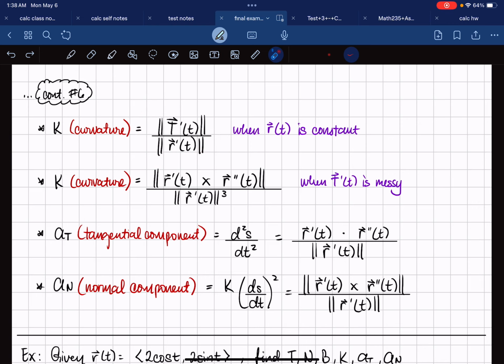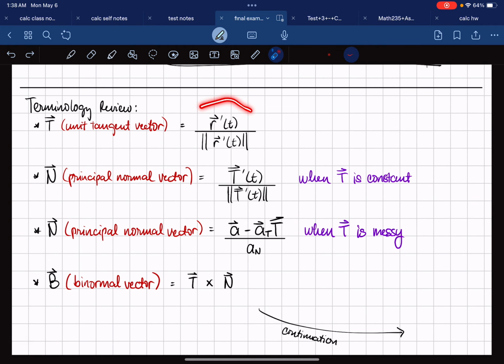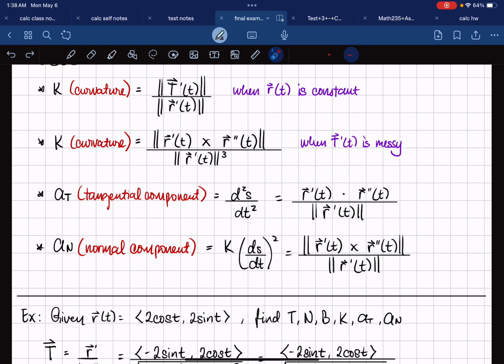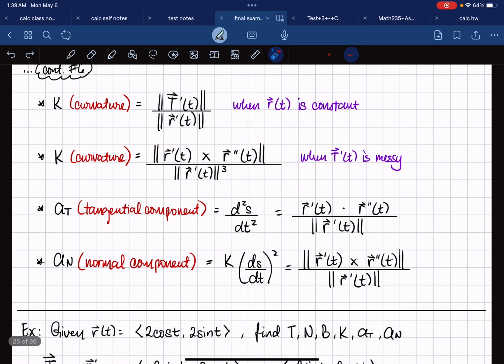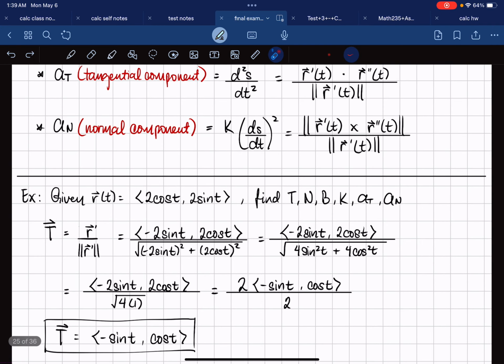That's a very easy equation to use, especially when you've already found the magnitude of r prime and the magnitude of T prime over there. You just plug it all in, okay? But if you can't, then you use this. This is when T is messy, right? Okay, and then A of T, that's the tangential component. A of N, that's the normal component. They're kind of easy to remember. It could be a little confusing, but that's what we have a formula sheet for.